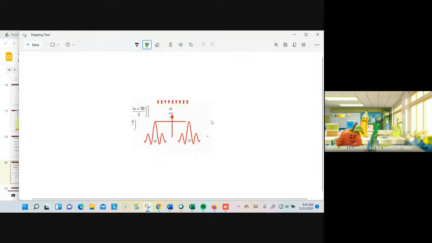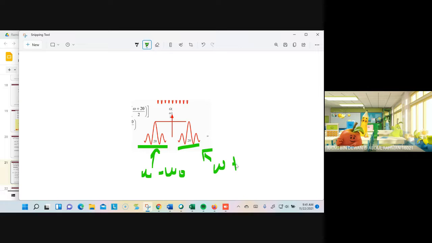When we modulate, we have the higher frequency wave and the lower frequency wave. This one is the result of this, and this one is the result of delay. But this is your higher frequency wave.